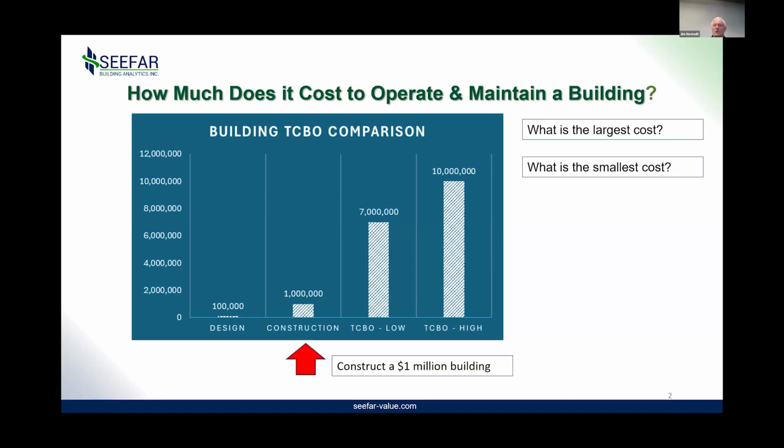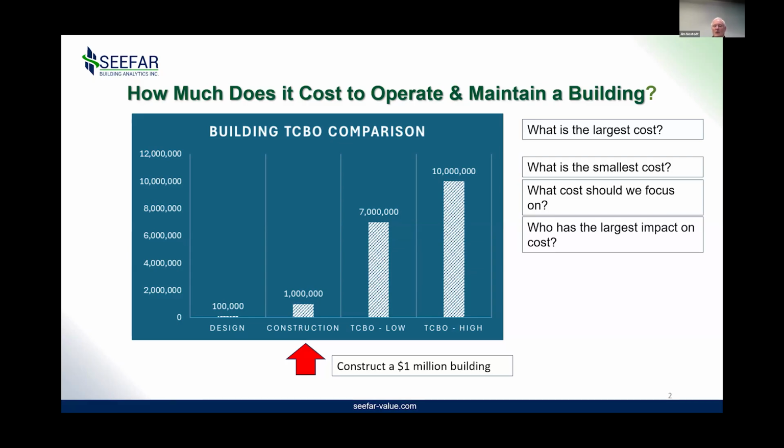But what cost should we focus on? Well, everybody's going to say we should focus on the biggest cost, and that's true. But at the same time, what has or who has the largest impact on that total cost of building ownership? And it's really the design team.